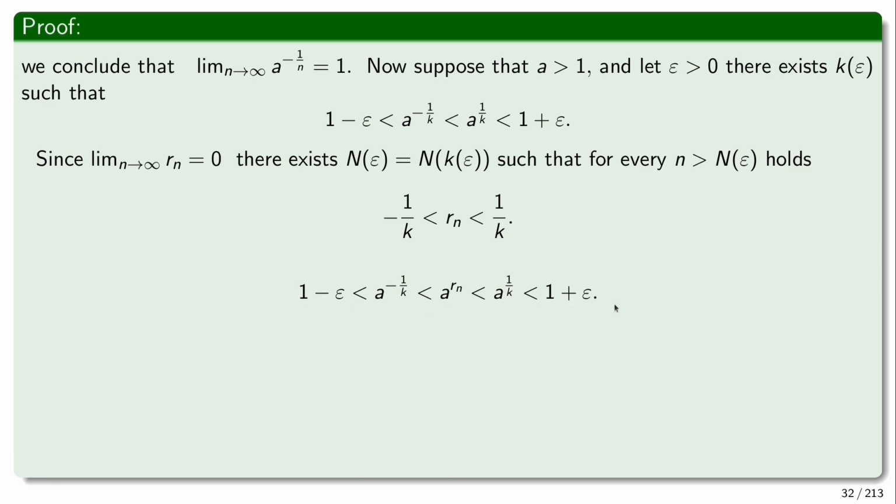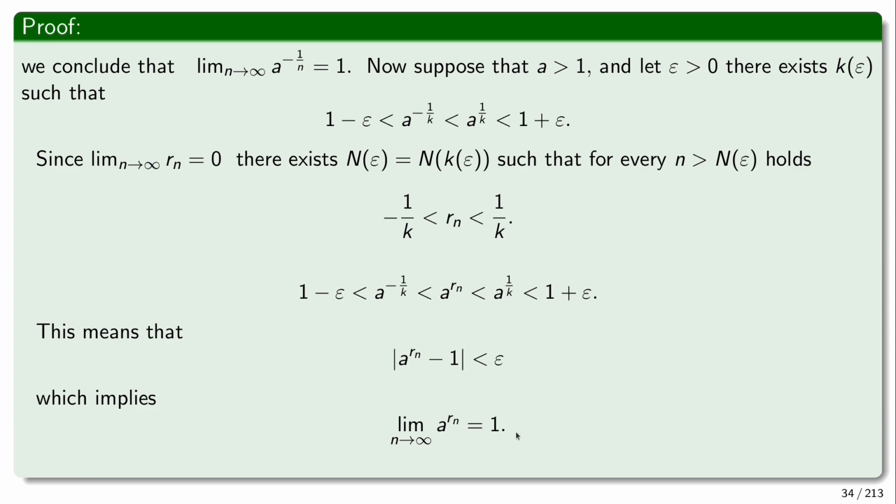So we have this chain of inequalities, which shows that for every epsilon, there exists a number n of epsilon such that for every n greater than n of epsilon, a to the power of r n is between 1 minus epsilon and 1 plus epsilon. Therefore, the difference between a to the power of r n and 1 in absolute value is smaller than epsilon, which means that the limit of a to the power of r n is 1 whenever a is greater than 1 and r n converges to 0.